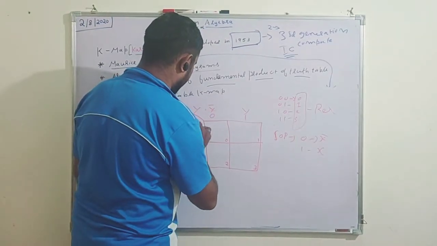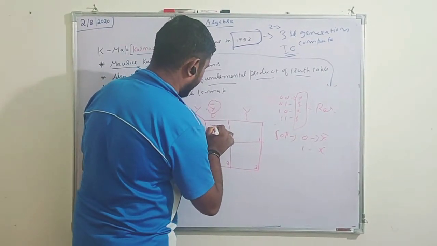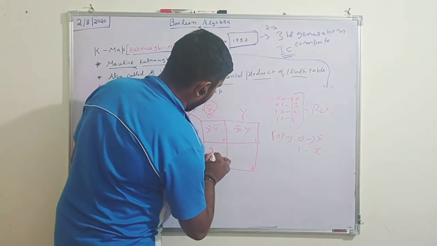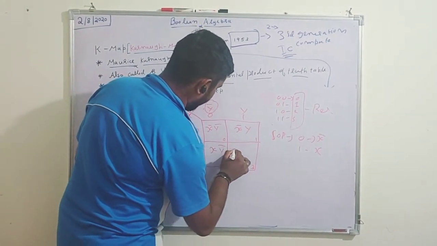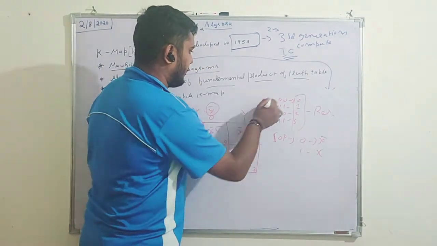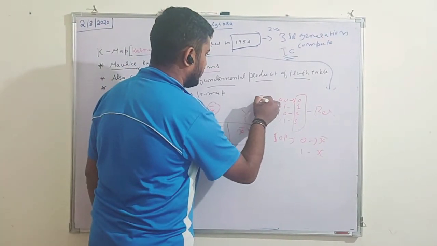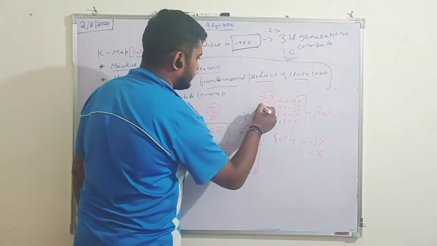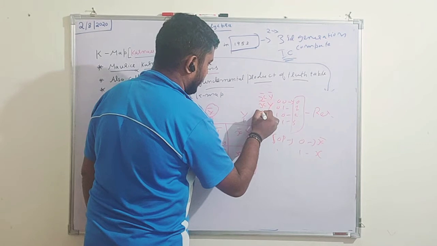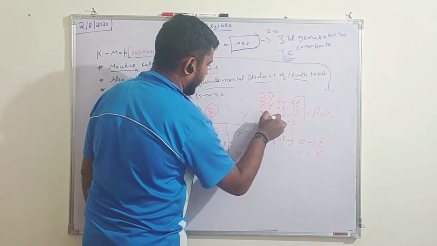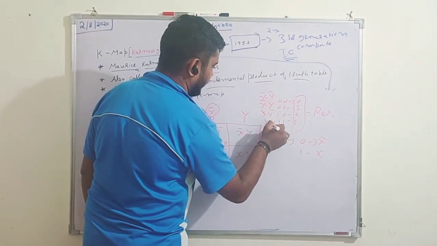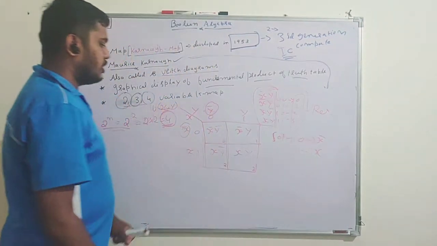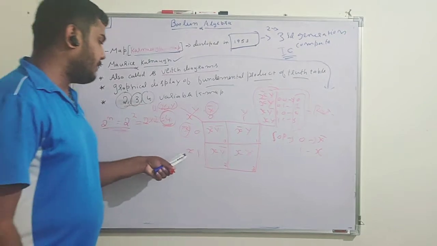Just multiply them from here and here: x bar y bar, x bar y, x y bar, x y. So I am going to write here directly: 0 0 means x bar y bar, 0 1 means x bar y, 1 0 means x y bar, 1 1 means x y. So this is the representation, known as the two variable K-map.